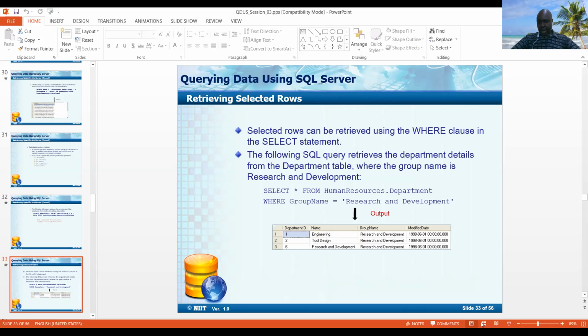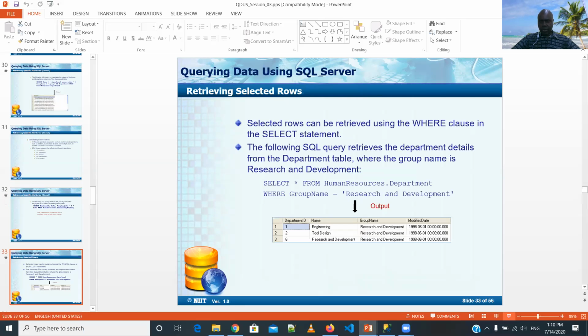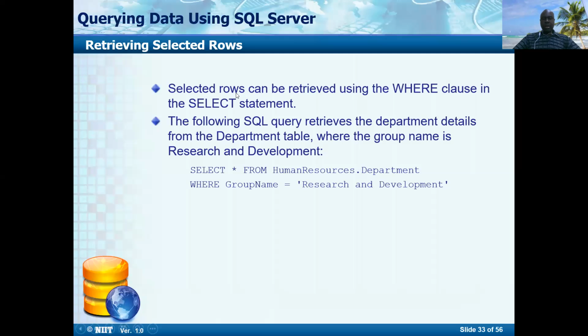Today, I want to look at the fact that you do not need to select all the rows in a table. So sometimes when retrieving data, you may only want to retrieve data that meet specific criteria, certain conditions.